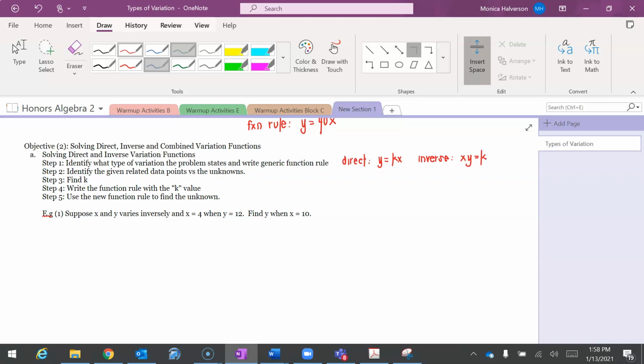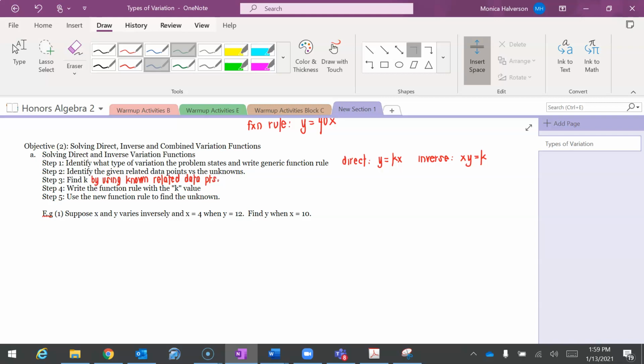You're going to use the knowns to find k. Once you find k, you're going to write the function rule with the appropriate k value. And now you're going to use the new function rule to find the unknown.